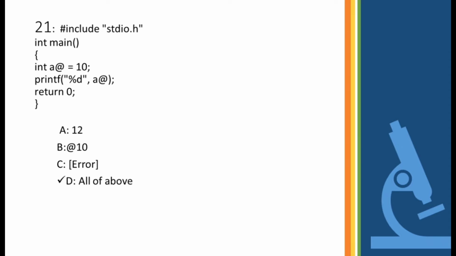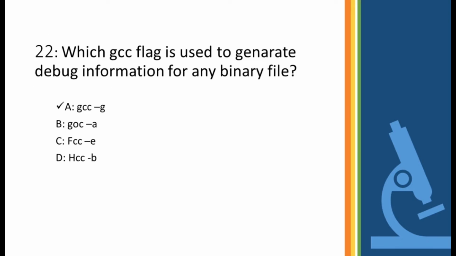#include <stdio.h>, int main, int integer equal to 10, print... and return 0. The correct answer is D, all of the above. Which GCC flag is used to generate debug information for any binary file?